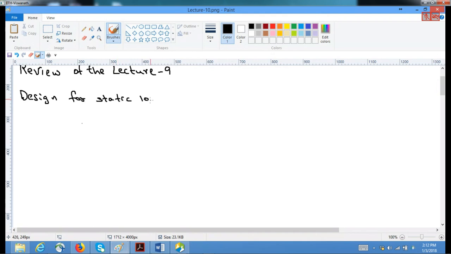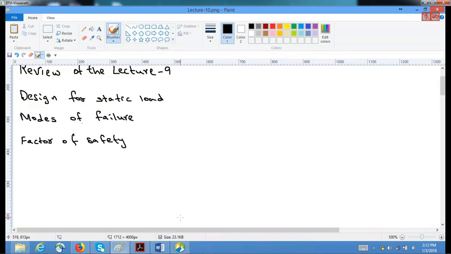We looked at modes of failure, which are rigidity based, strength based, and fracture based. And then we talked about uncertainties leading into the factor of safety.